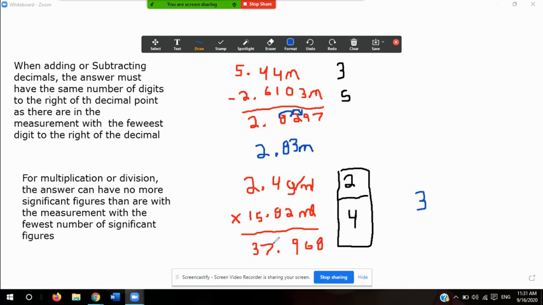So the problem is that after the 7, which would technically be my second significant figure, I have 3 more. Now, to make this measurement as accurate as possible, I see the 7, which has to be the second significant digit, and I look to the number that's next to the 7. It's a 9. And according to the rules of rounding, if a number is greater than 5, it's increased by 1. So in this case, my answer would be 38.